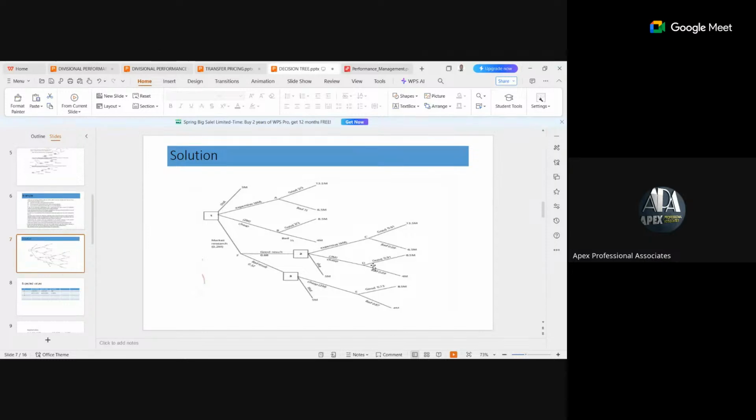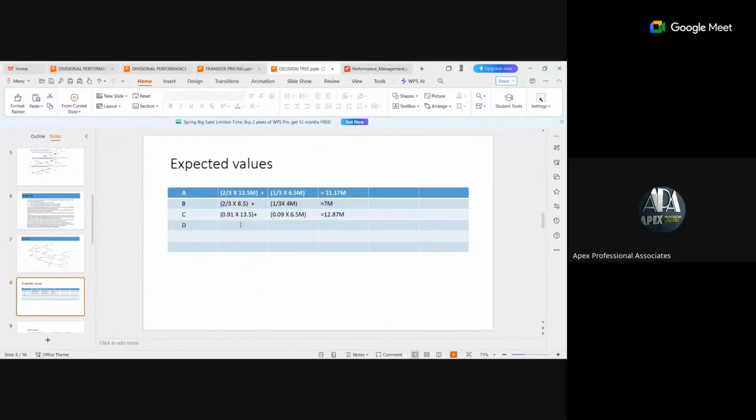At point D, we have 0.91 against 8.5, 0.09 against 4 million.